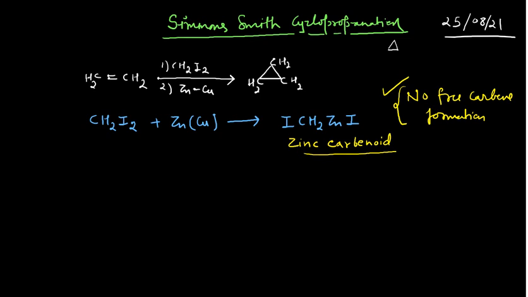And what is the name of this particular compound? This is known as iodomethane zinc iodide. This species is very, very important. Now, in the modifications nowadays, this reaction is very important for the formation of the cyclopropane ring in any system, and it is a widely used method till date.